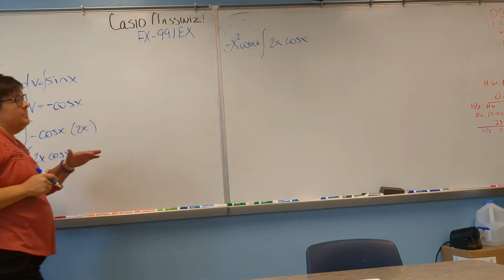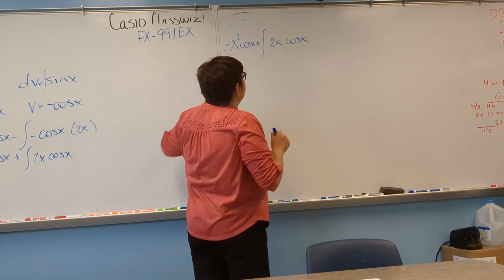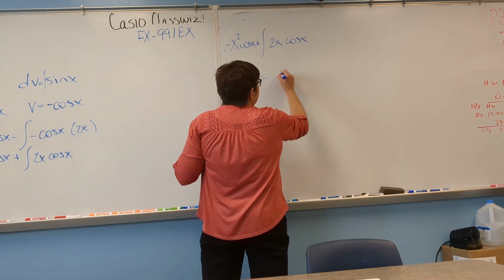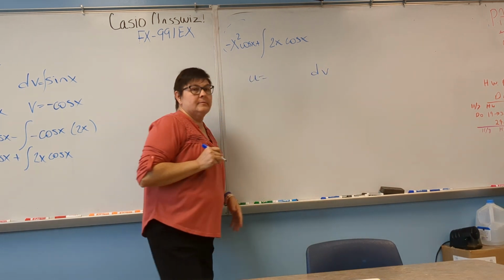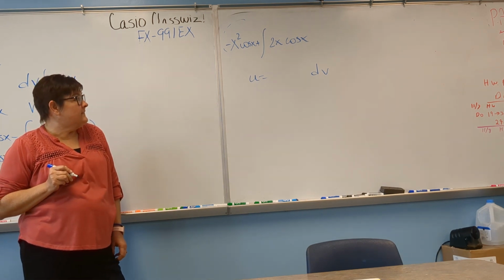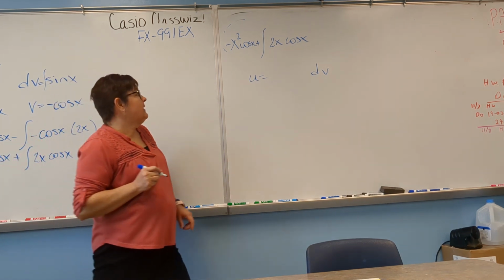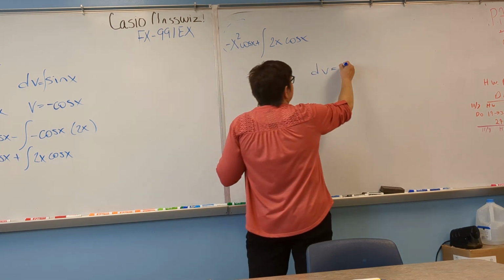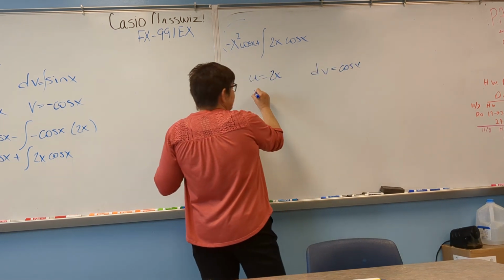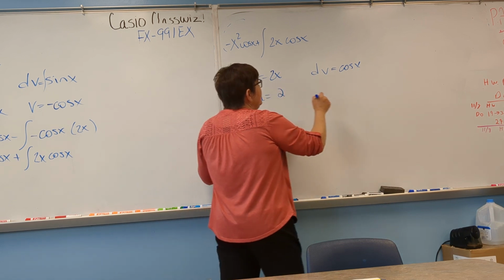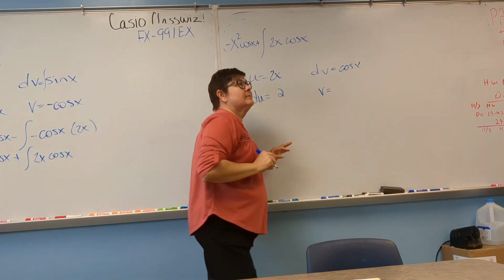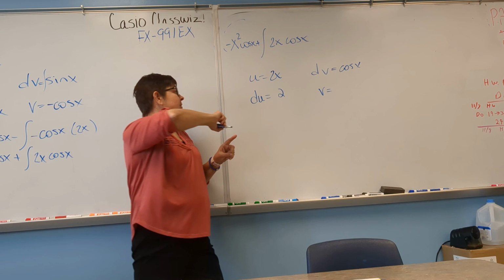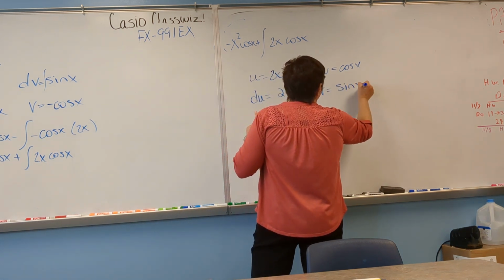I just have to redo this piece. So what's my u and what's my dv here? Yep, u is 2x. And what's dv? Cosine x. Okay. What is du? 2. And then what's v? Sine.